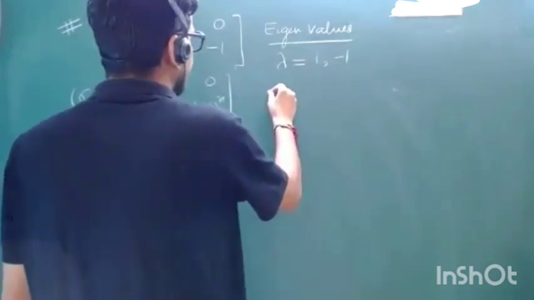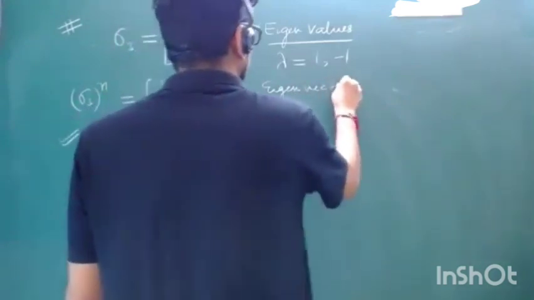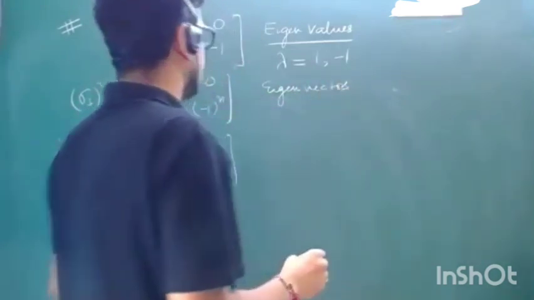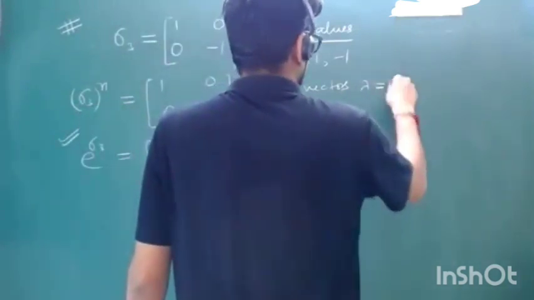So eigenvectors I will write. Eigenvectors corresponding to 1 will be what? 1 0, sir.